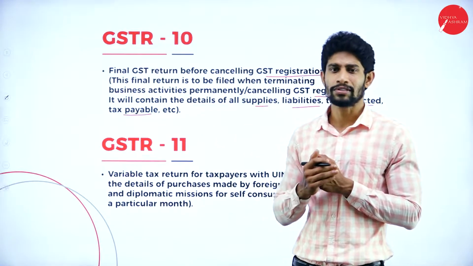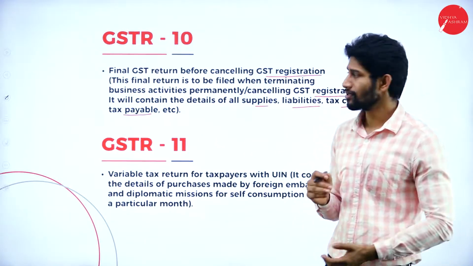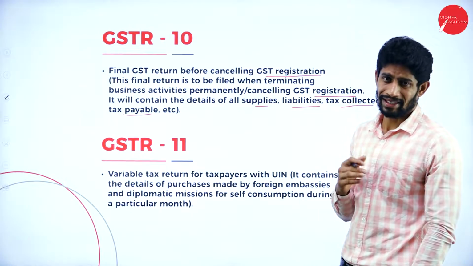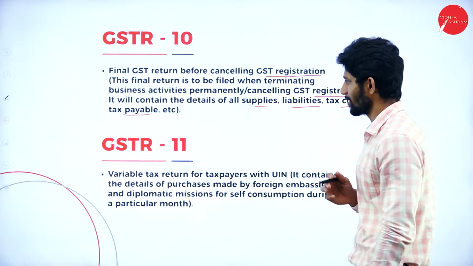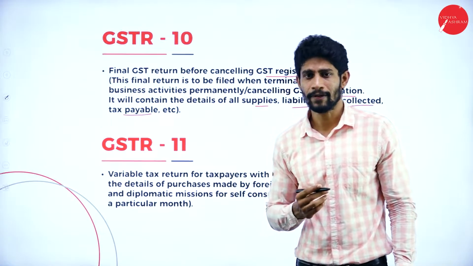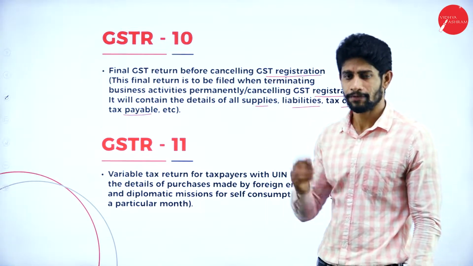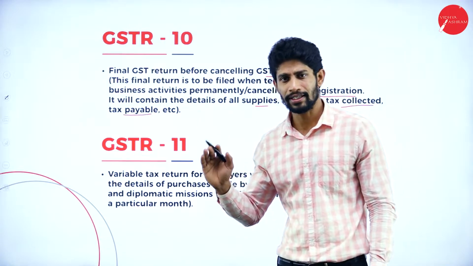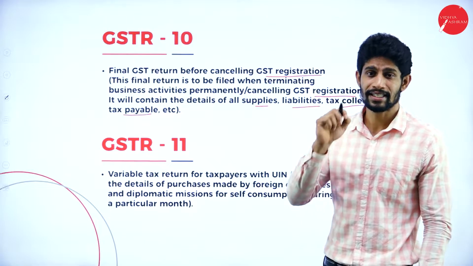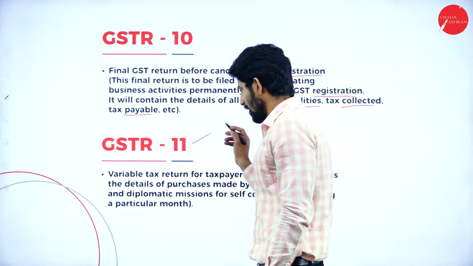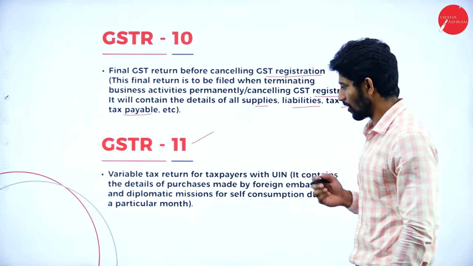So at that time also, you are supposed to submit GSTR-10. So it contains all the details of supplies, liabilities, tax collected and tax payable by the registered person. If the authority is satisfied with the details provided by the taxpayer, then they are going to cancel the GST registration. GSTR-11. So what is it all about?